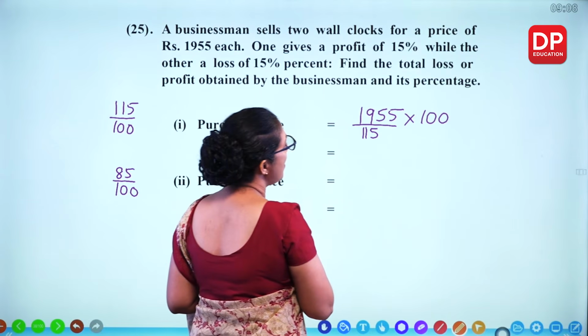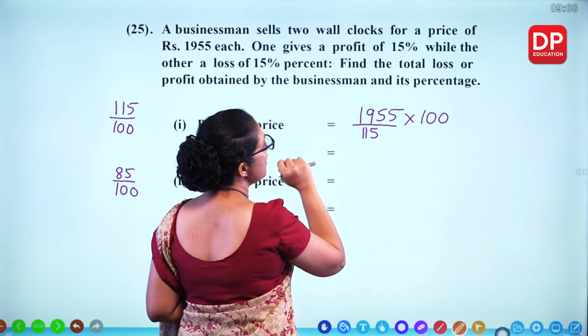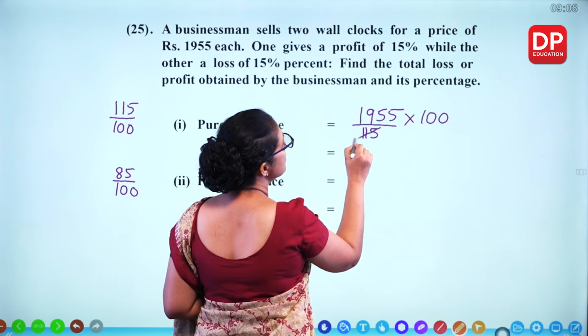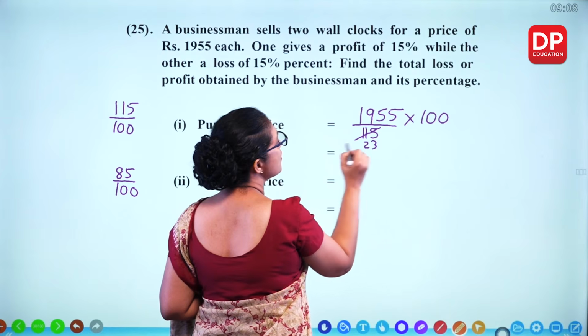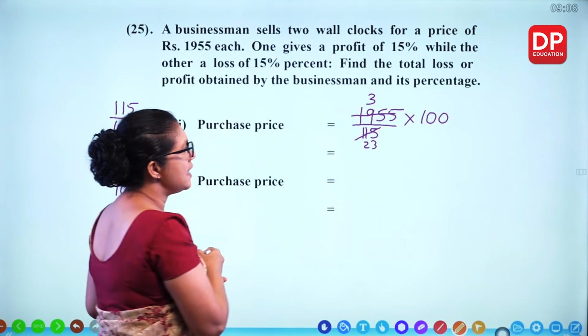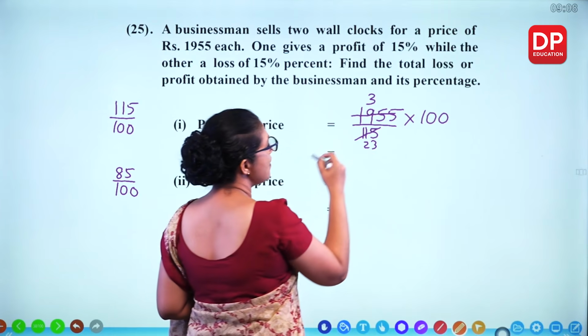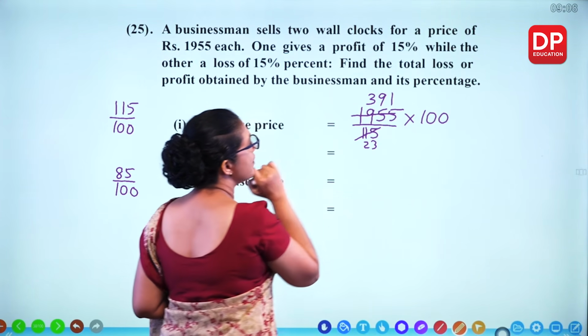So divide by 5. 5 times 2, 10, so you get 23 (divide by 5). 5 times 3, 15. For 45, 5 times 9 and 1.